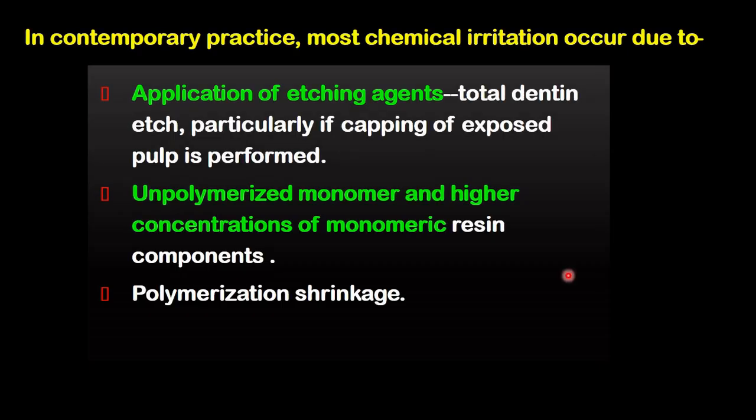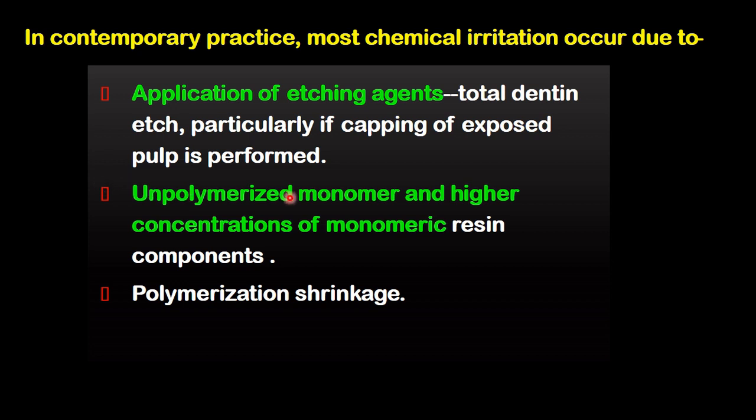But in contemporary practice, most of the chemical irritation occurs because of the application of the etching agent, especially the total etch method, where we don't have any smear layer left to occlude the exposed dentinal tubules. So in that case, if the cavity is very deep, microleakage can occur up to the pulpal tissue.